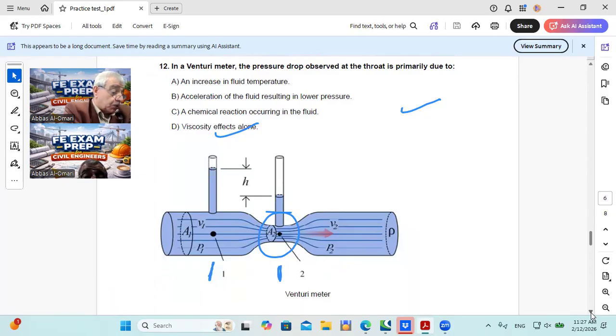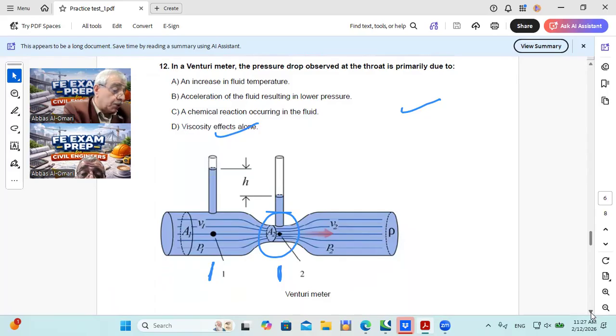So between sections 1 and section 2, what has changed is the velocity, is the kinetic energy. So the kinetic energy at section 2 has increased because the cross-sectional area has decreased, so the velocity has increased. So the kinetic energy has increased.